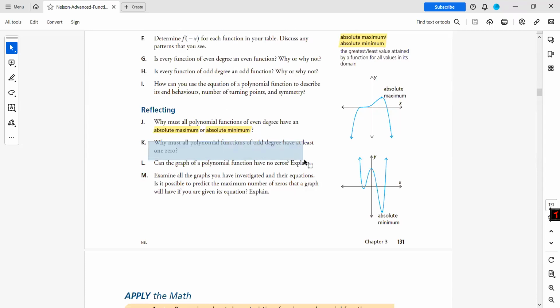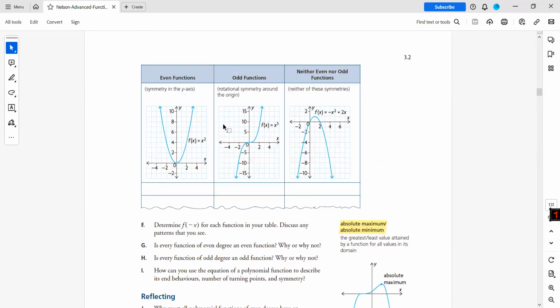Why must all polynomial functions of odd degree have at least one zero? What we know about a polynomial function of odd degree is that its end behavior is opposite. One side is in negative infinity and one side is in positive infinity all the time for an odd degree function.